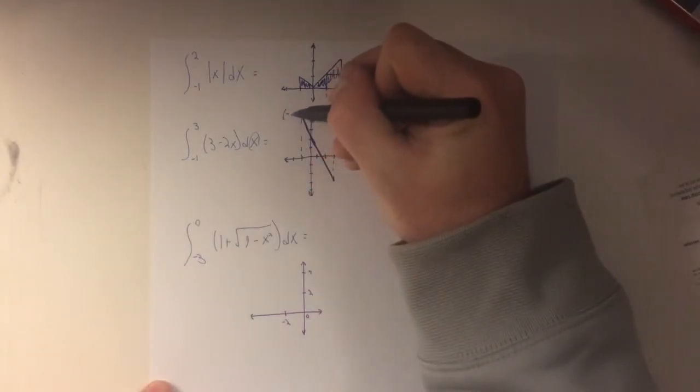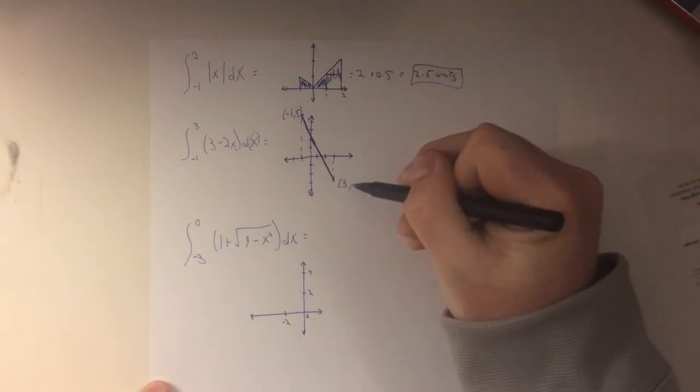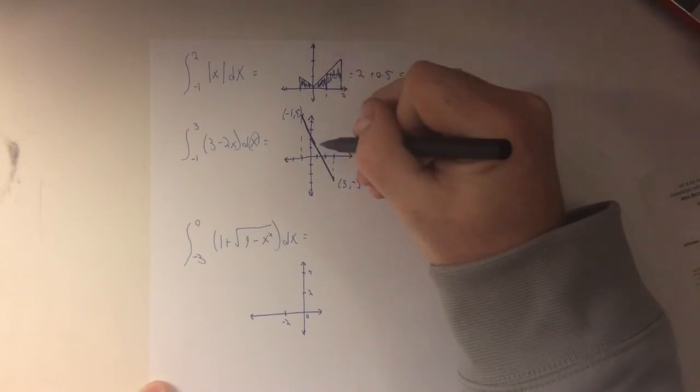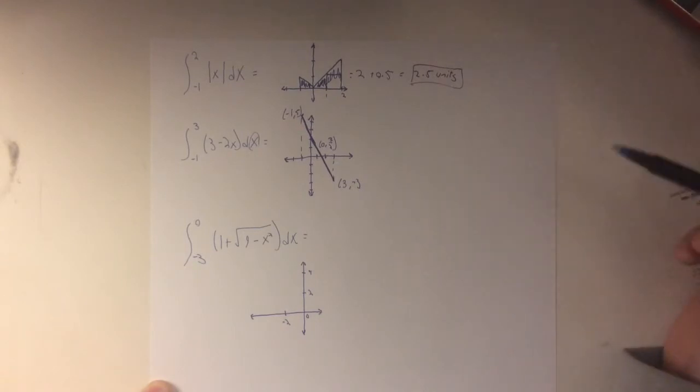which is between -1 again and 3. So that would be 3, -3. And it crosses the x-axis at 0, 3/2. So here it's obvious that we have two triangles.